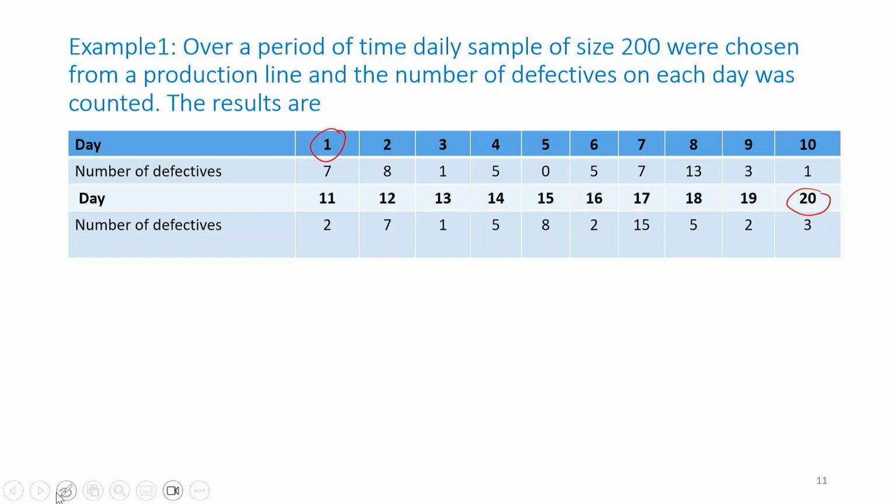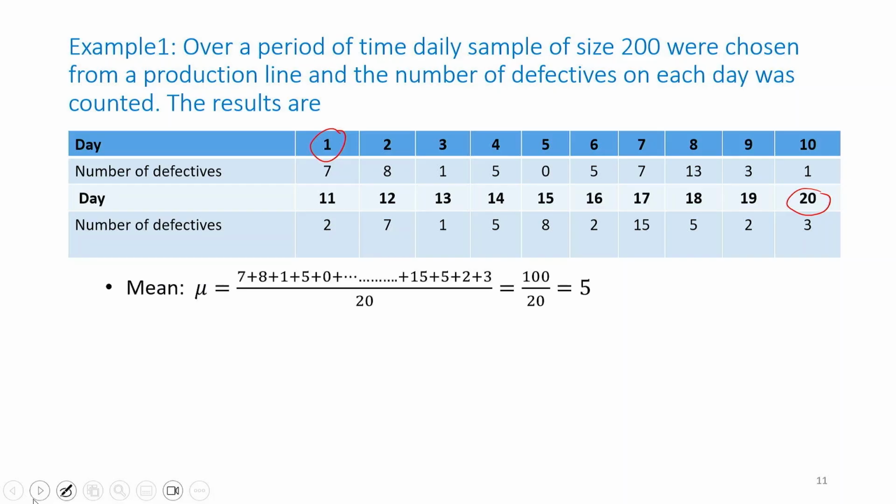Now for this particular example, we need to find out what my control limits are. For that, first of all, we have to find the value of the mean. The mean in this case is very simple.